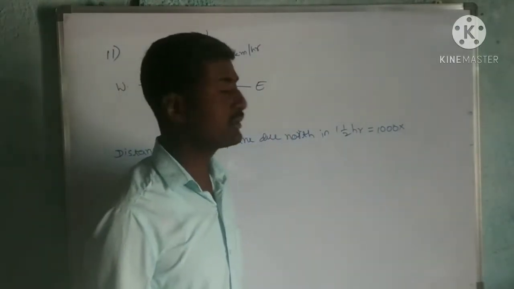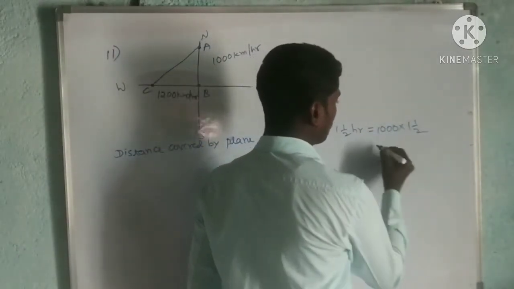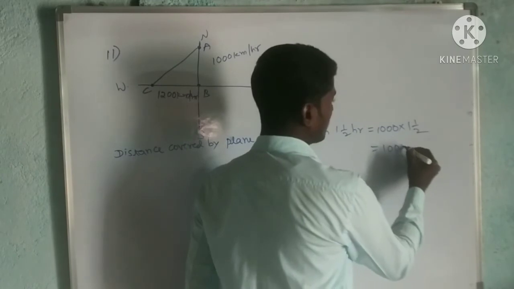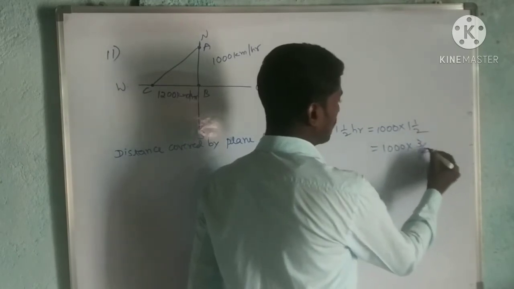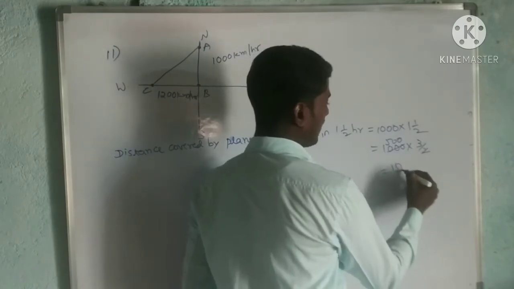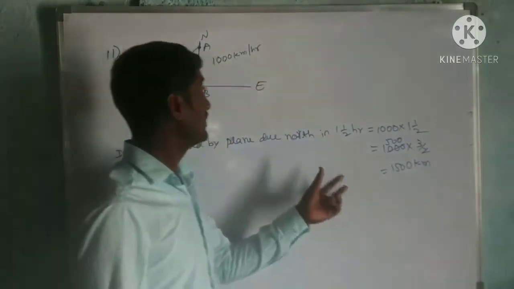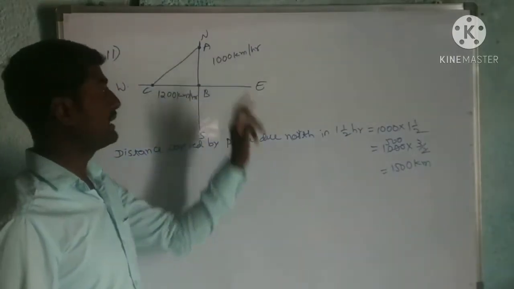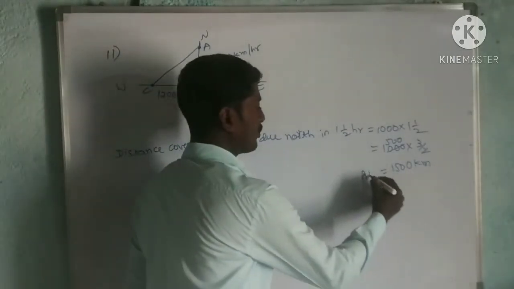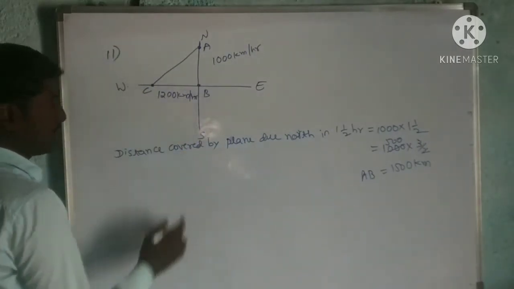Distance equals speed into time, it is 1000 into 1 1/2. So that is 1000 into 3 divided by 2. 2 1s are 500. So 5 3s are 15. 1500 kilometer. This is the distance covered by the aeroplane A. It means this is AB.